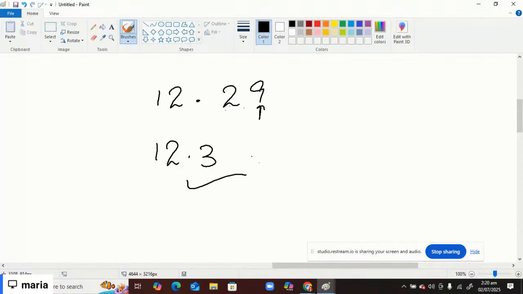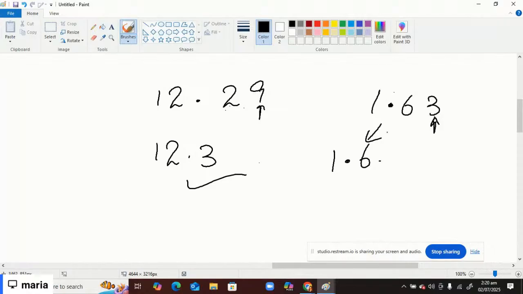The answer is 12.3. Now, is it easy? Here is 1.63. There is a 3 here. 3 is less than 5, so it stays the same, 1.6.